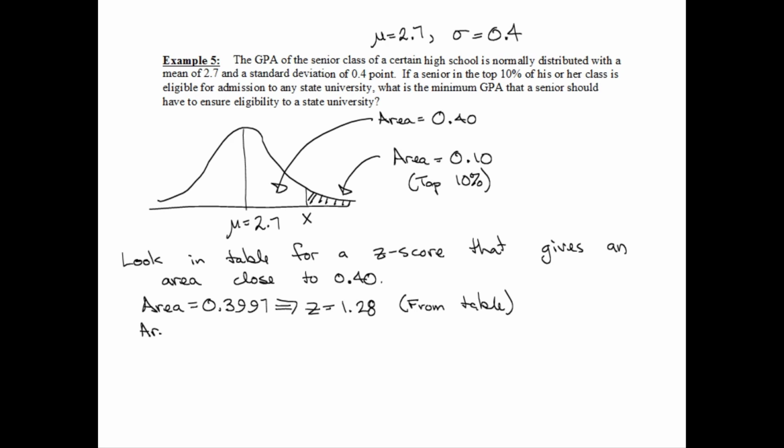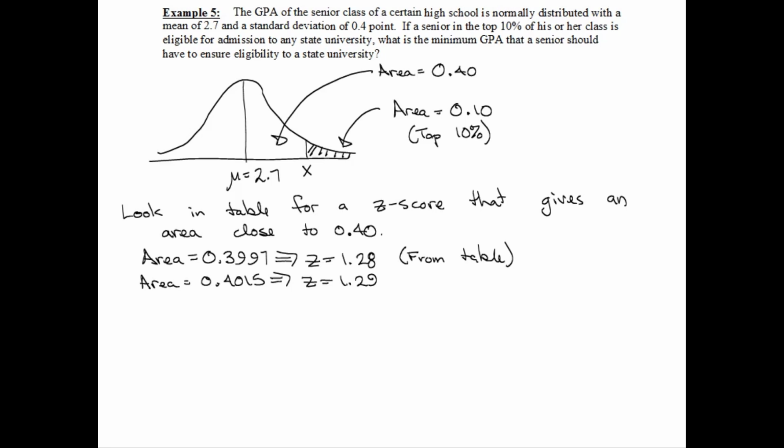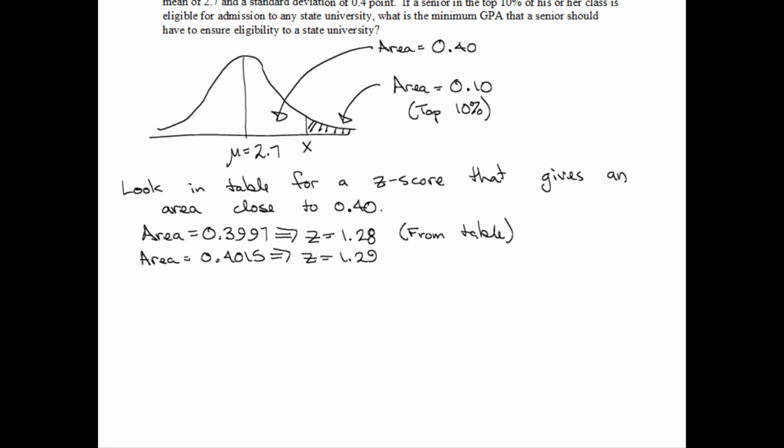And if we have an area of 0.4015, this gives me a z-score of 1.29. Let's figure out which one is closest. You could actually do some kind of an interpolation and get in between, but for our purposes, we're just going to pick one of these two. We're only going to choose a z-score out to 2 decimal places. So we've got two possibilities here.